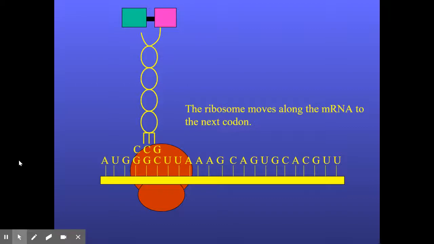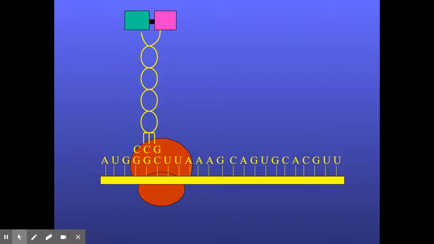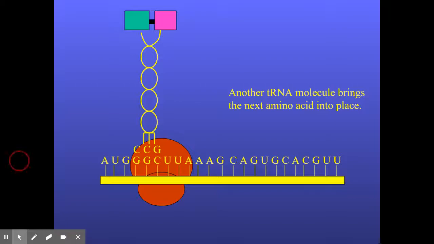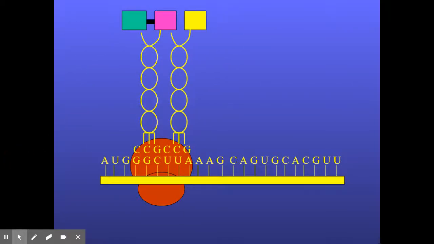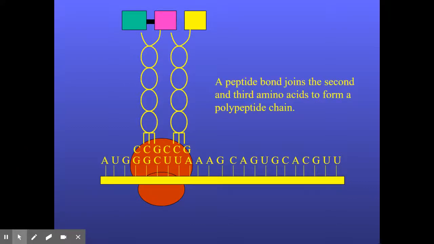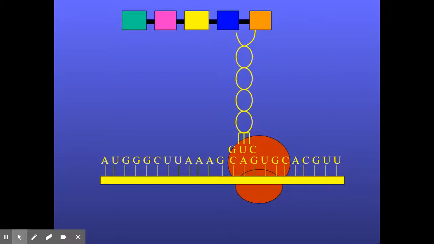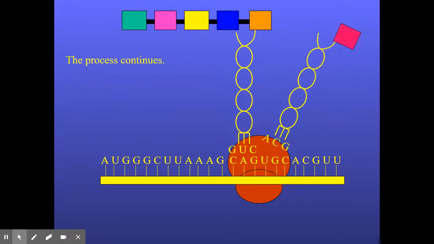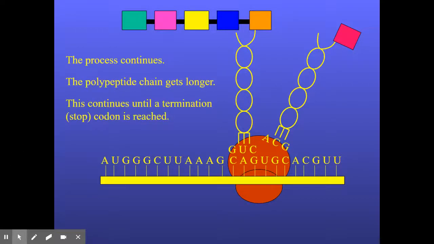So the ribosome moves along, and then another tRNA comes into place, and then it bonds, and then a peptide bond is formed, and then the first one falls off, and it keeps going until you wind up with this long polypeptide chain. And it keeps doing this until it reaches what's coded for a stop.